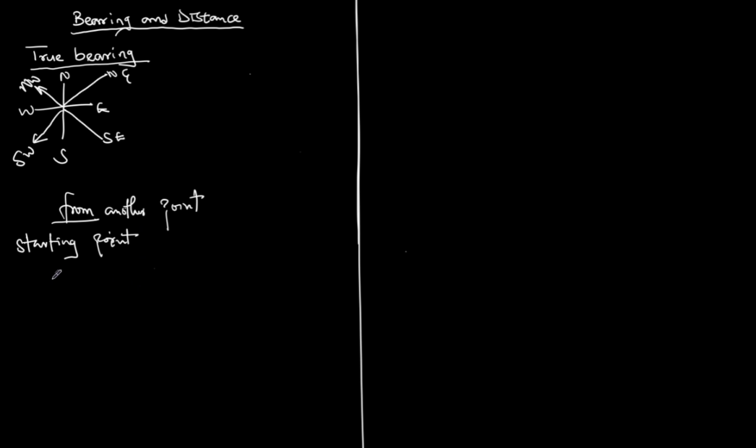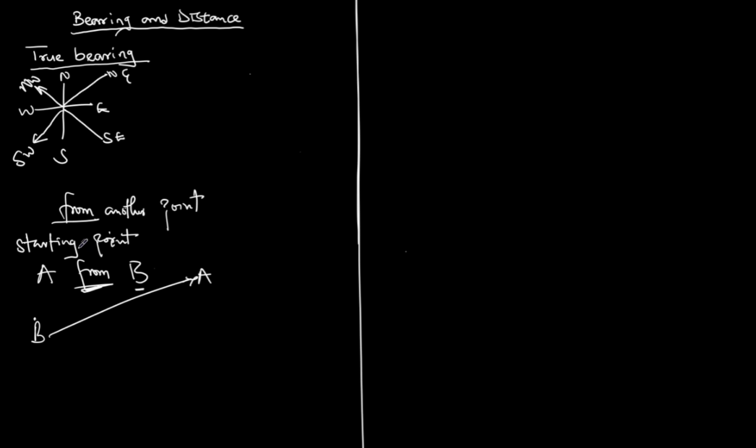So if I have the measurement of a point A from the point B, even though A precedes B, the starting point is B because it told us that it is from B, not from A. So it means that B will be the starting point going towards, say, A. So the "from" indicates the starting point of your measurement.